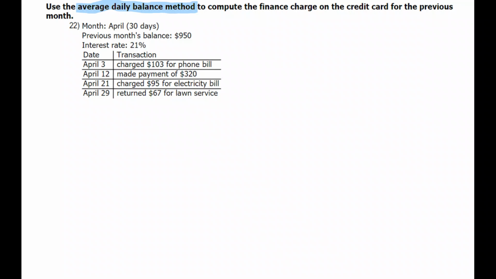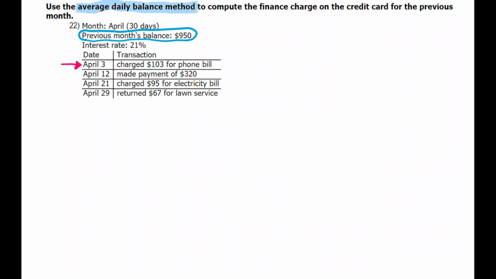Okay. All right, we are in the month of April. There's 30 days, and our previous month's balance, we are actually starting with $950, okay? So, nothing happens until April 3rd.